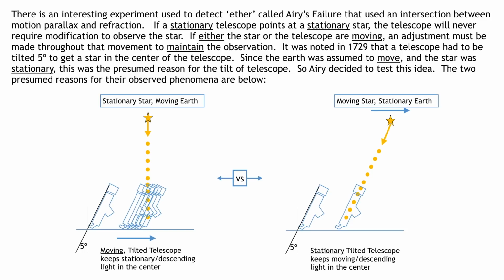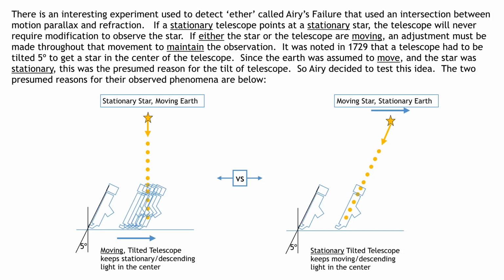Within the first example on the left, as the starlight is descending, we'll take it as these little balls of light, and the telescope is tilted and moving. As the starlight continues to descend, the Earth continues to move, and the tilt of the telescope allows that center yellow dot of light to stay within the center frame.